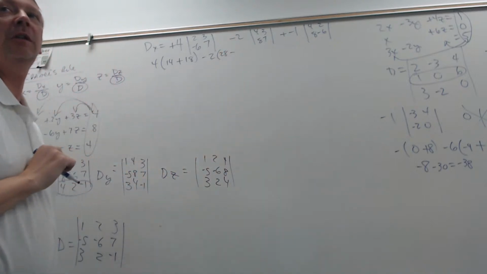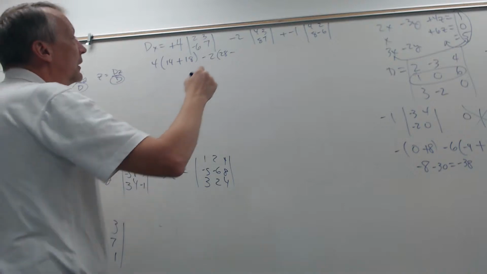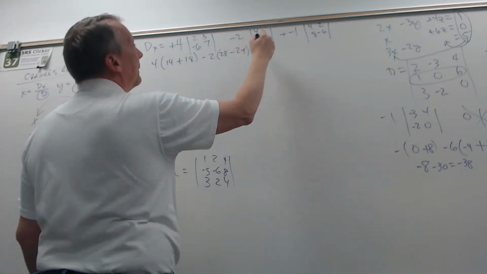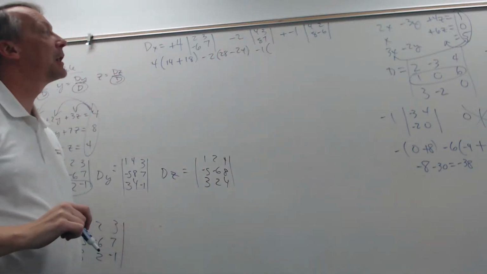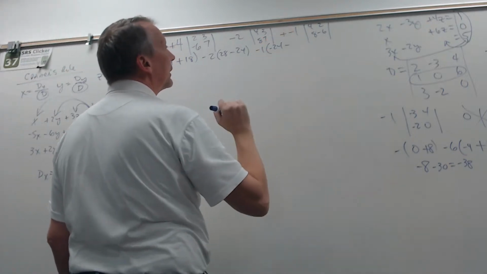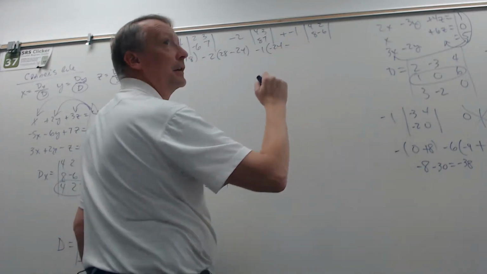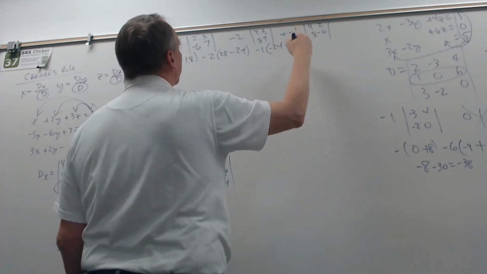You always subtract, remember? So why do we subtract? That's the definition of the determinant. Okay. Minus 24. Minus 1 times -24 minus 16. This one wasn't as bad as I thought.